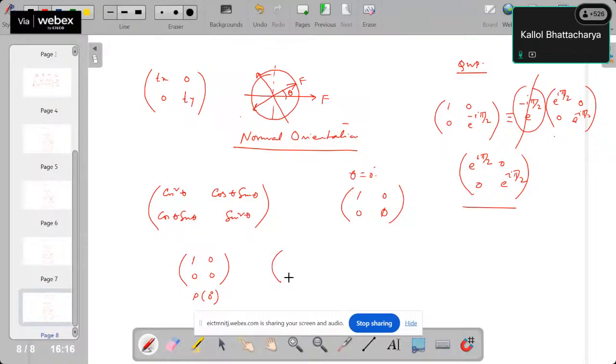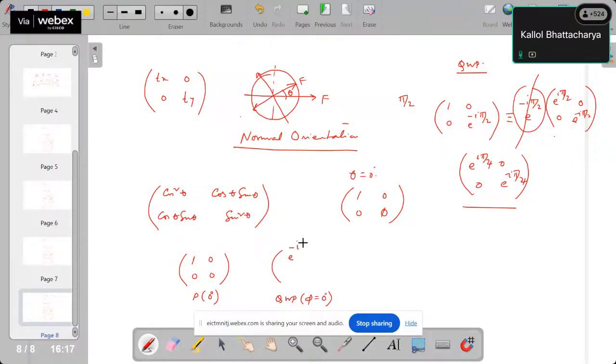We also know if it's a quarter wave plate in normal orientation, let's say phi denotes the fast axis orientation is 0 degrees, then this will be e to the power minus, well, for a quarter wave plate, the phase difference is pi by 2, right? I'm sorry about this. This should be pi by 4 because you have taken pi by 2 here.